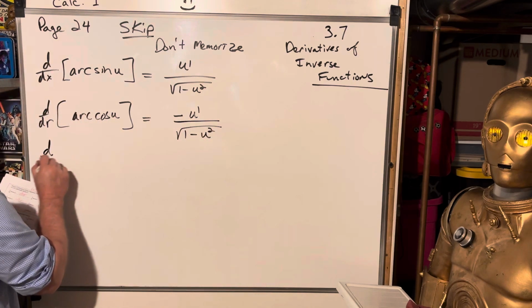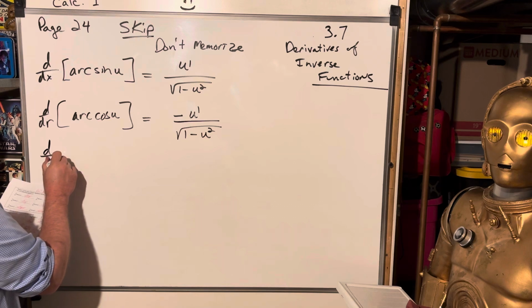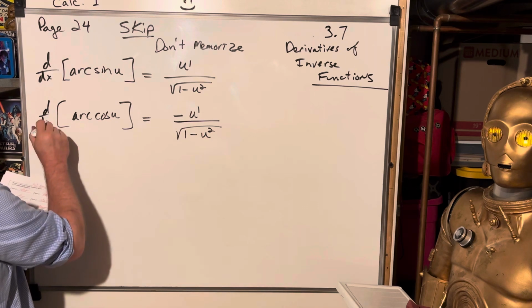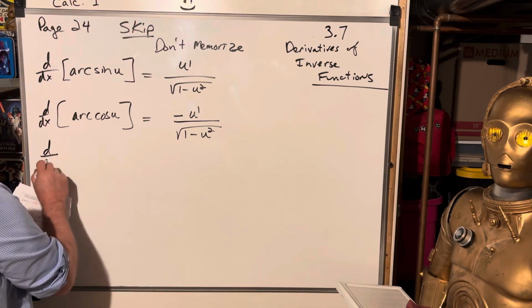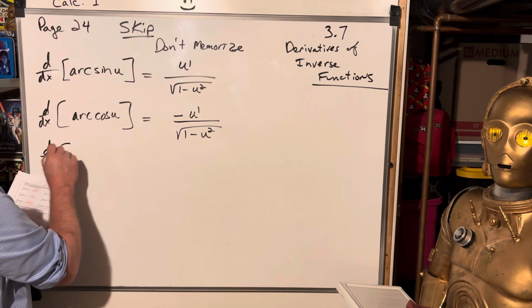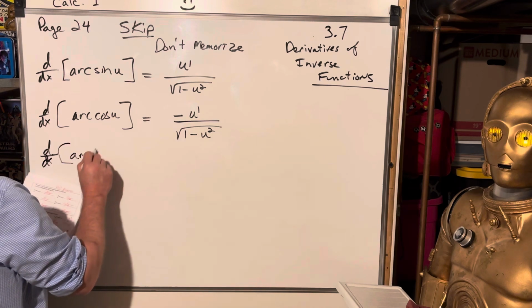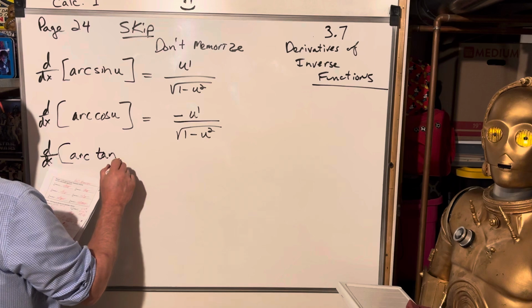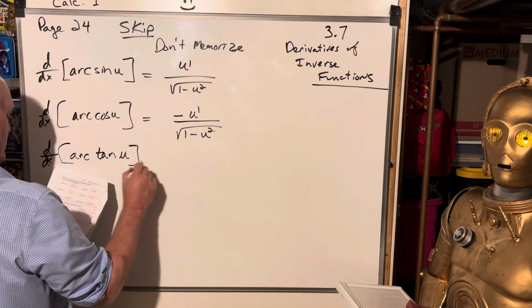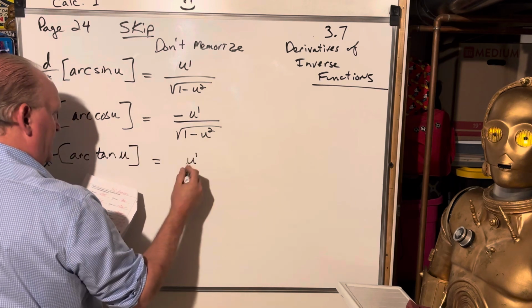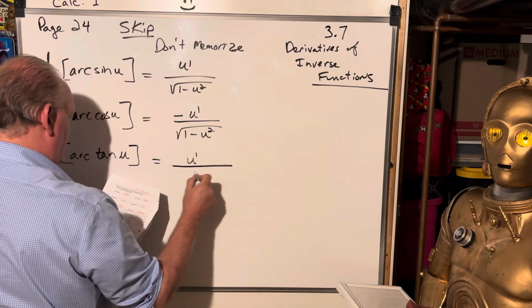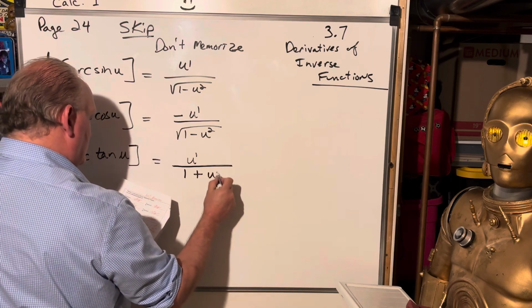We have d dx of the arctangent of u, which is equal to u prime over 1 plus u squared.